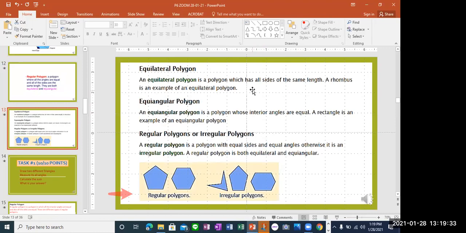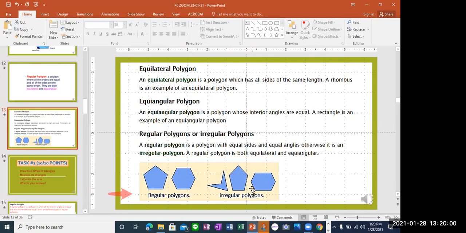Now here we have examples of your regular polygon. So you have the pentagon and the hexagon. The hexagon has 6 equal sides and 6 equal interior and exterior angles.